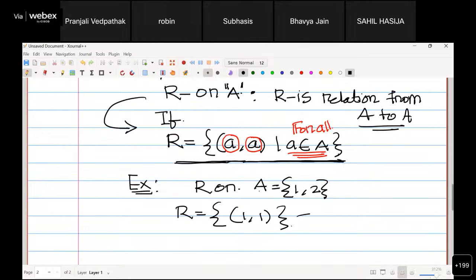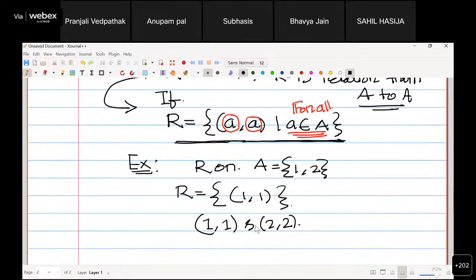No, because as you can see, it should contain (a, a) for all a belonging to A. That means it should contain (1, 1) and (2, 2) and nothing else. It should not contain anything else apart from these two elements. Here (2, 2) is not there.